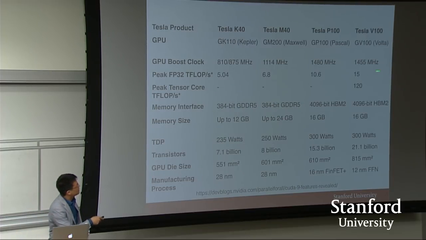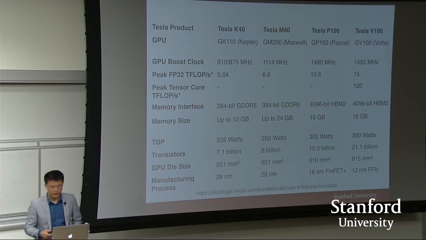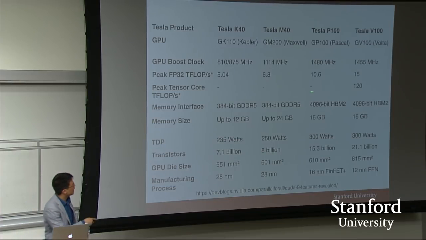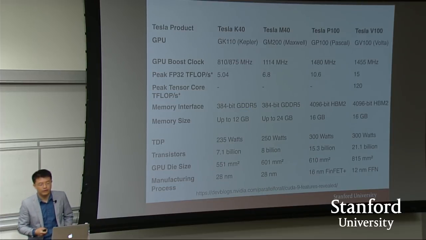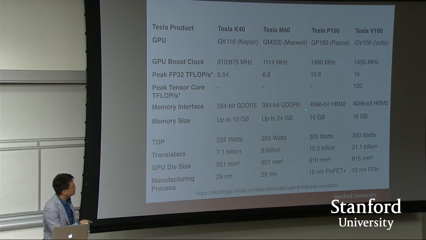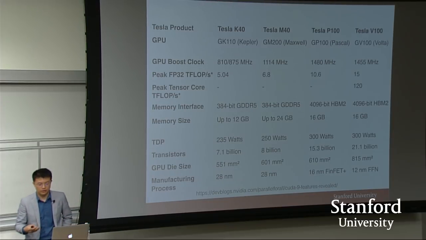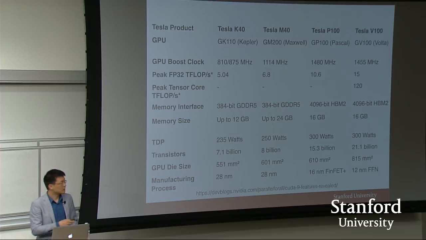From the Volta generation, there begin to be tensor core units, which never existed before. Before Maxwell, the GPUs used GDDR5, and after the Pascal GPU, HBM came into place, the high bandwidth memory, at 750 gigabytes per second. Here, 900 gigabytes per second, compared with DDR3, 30 gigabytes per second.